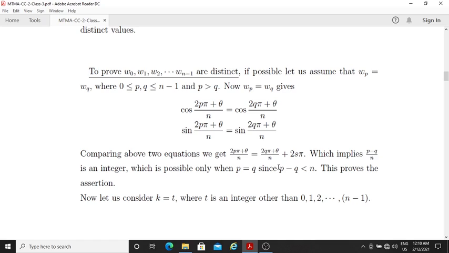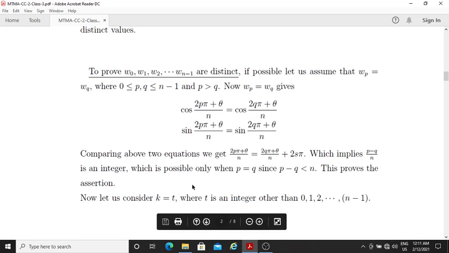Now if you take this on this side, we'll get (p minus q) by n as an integer, because pi will be cancelled out. This will imply that (p minus q) by n will be an integer, merely this 2s, or s maybe. So if this is an integer, then it is only possible when p equals q.